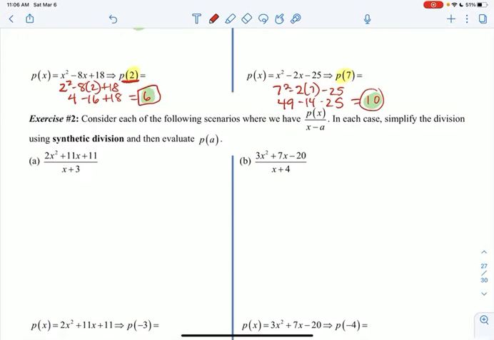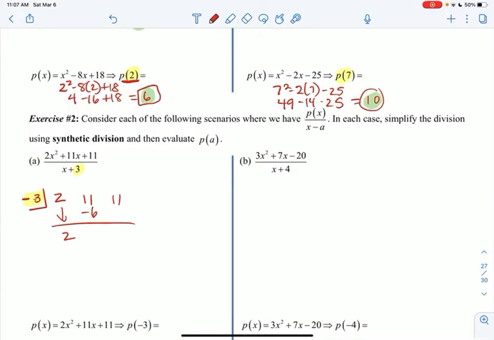Let's look at these when I'm going to use synthetic division, just to remind us how to use synthetic division. So basically, I'm going to do negative 3 out here. And again, that negative 3 is coming from this right there. All right, and I'm just taking the coefficients. So 2, 11, and 11. So remember, I bring down that 2. Negative 3 times 2 is negative 6.